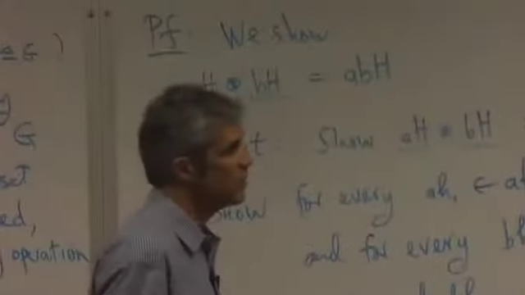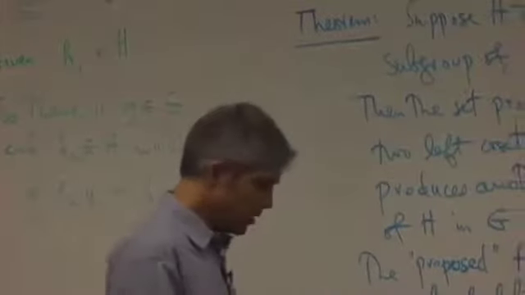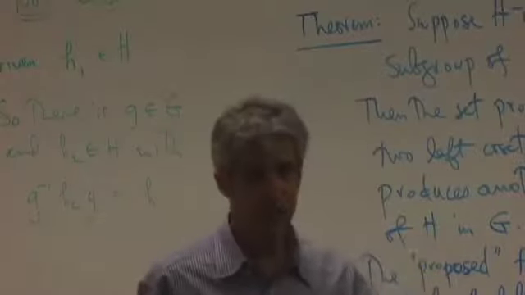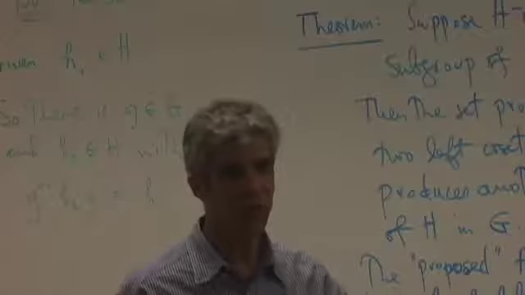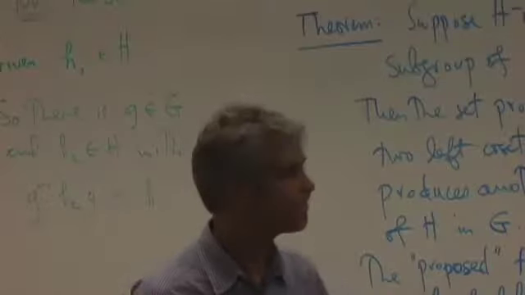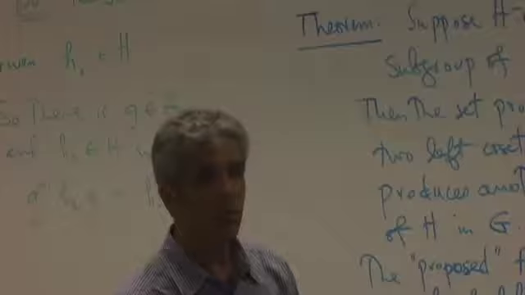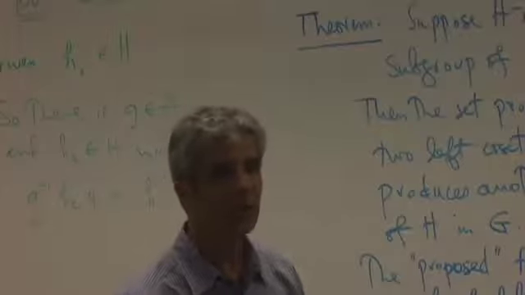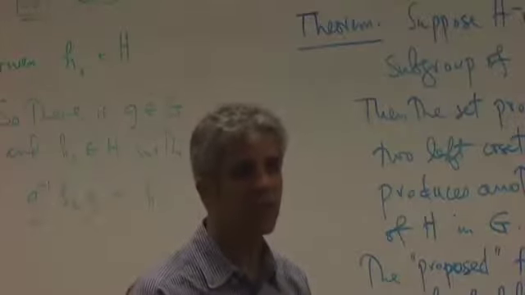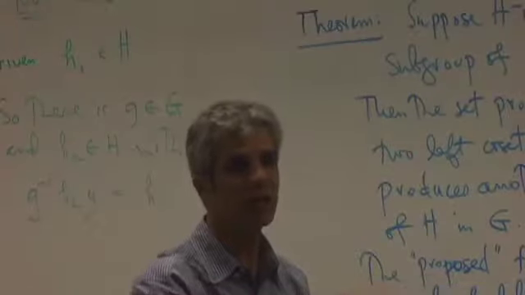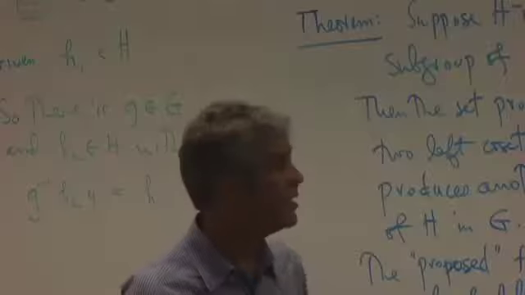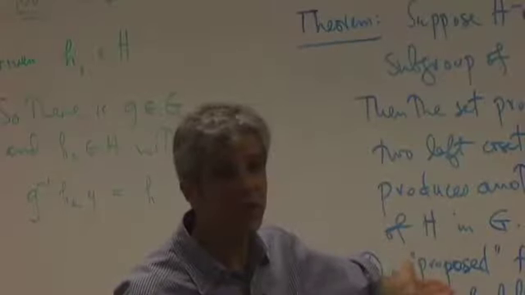Questions, comments? So we've now written down a couple of things that are equivalent. To say that every left coset is a right coset is equivalent to saying that every left coset AH equals its corresponding right coset HA. For the homework, in problem number 28, what you showed is that if you have this property that G inverse HG is an element of H for every element G in the group, then necessarily every left coset is a right coset.